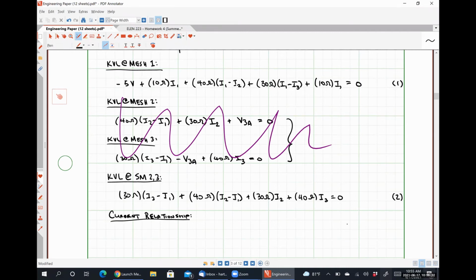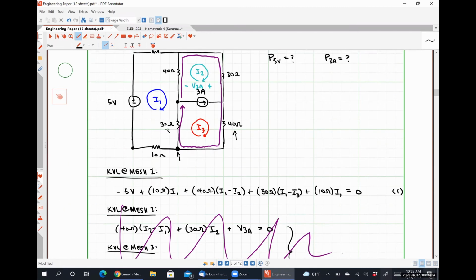Okay. So effectively, anytime that we have a current source in our circuit and we are trying to apply mesh, that current is in terms of our mesh currents.